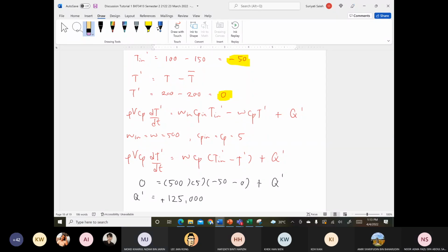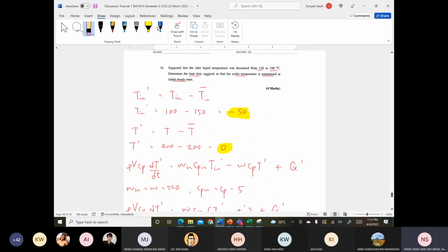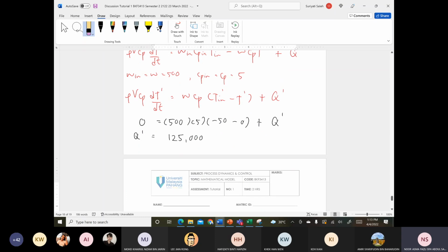All right. So here the question asks you to determine the heat duty required. Heat duty in this case represents the Q. So the Q prime is Q minus Q bar. In order to find the Q, we need to find our Q bar.